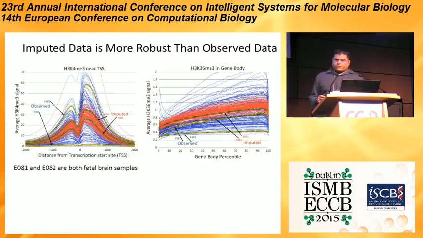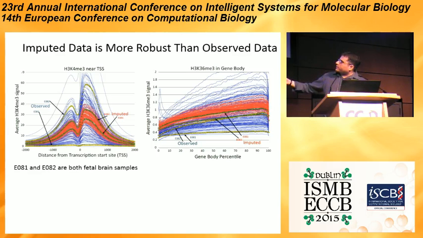But I was also arguing that the imputed data could have some properties that are more robust than observed data, and this can give you some intuition of this. I'm showing you aggregation plots of H3K4me3 around transcription start sites. H3K4me3 is a histone mark associated with promoter regions. In red is the imputed signal, and blue is the aggregation plot for the observed signal, and there's a much larger variance for the observed signal.